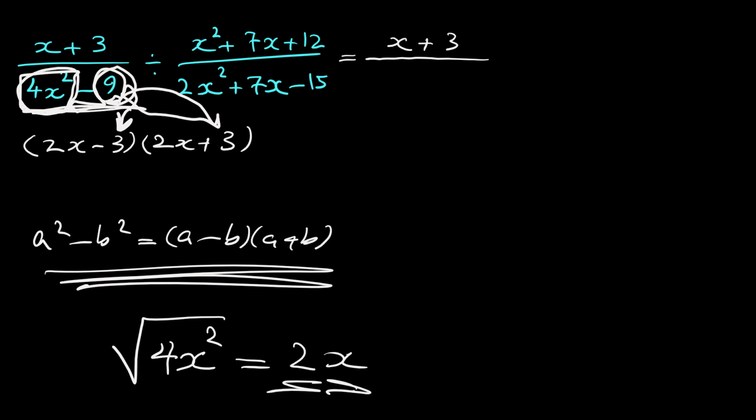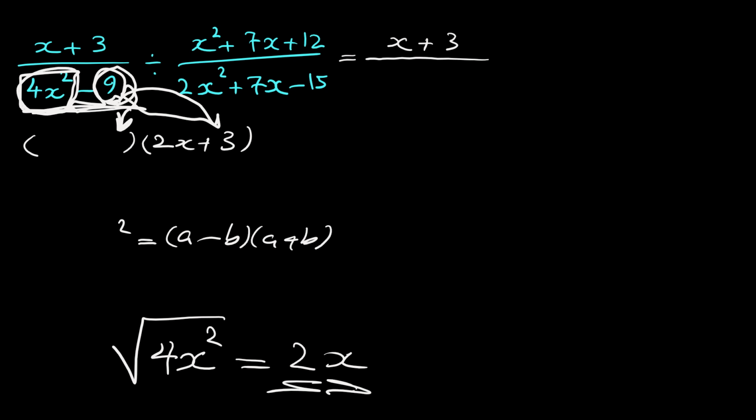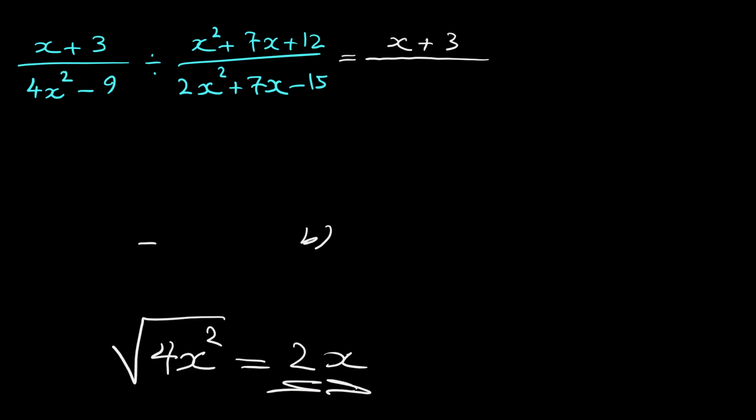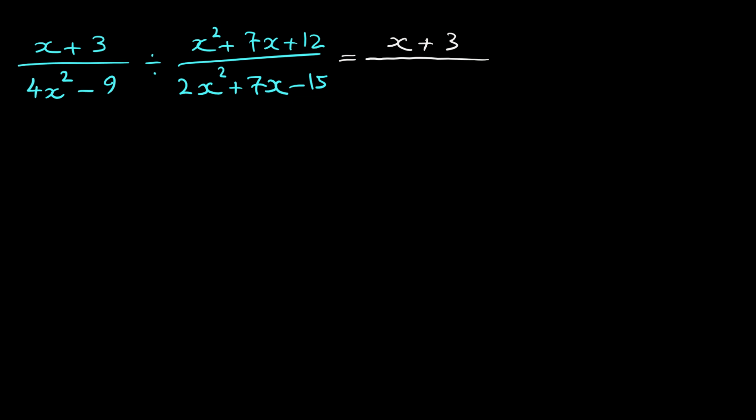We suppose x to be positive, and so the square root of 4x to the 2 is 2x. So we have 2x minus 3, 2x plus 3. So this is the factored form of 4x to the 2 minus 9.